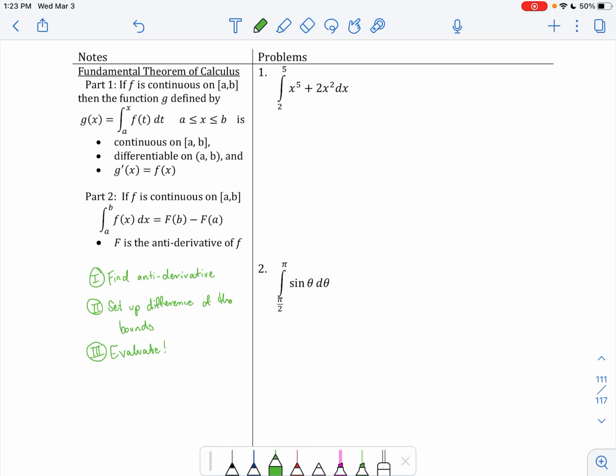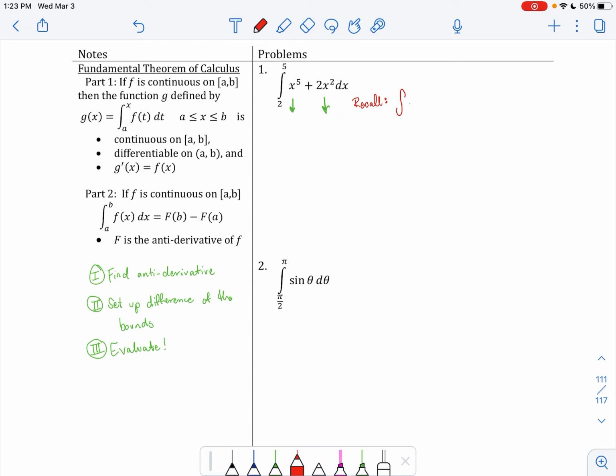So what we want to do here is consider each term separately. And then I'm going to recall our antiderivative power rule, which means that the integral of x to the n dx is equal to 1 over n plus 1 x to the n plus 1.